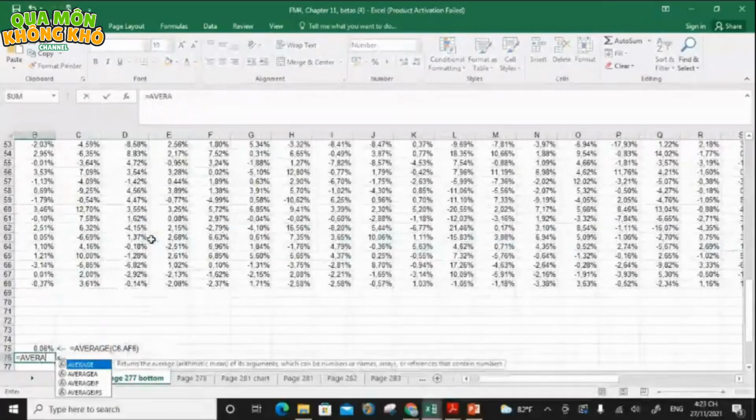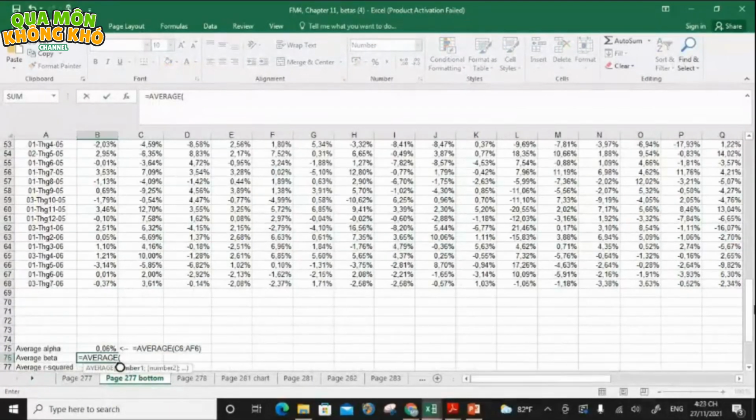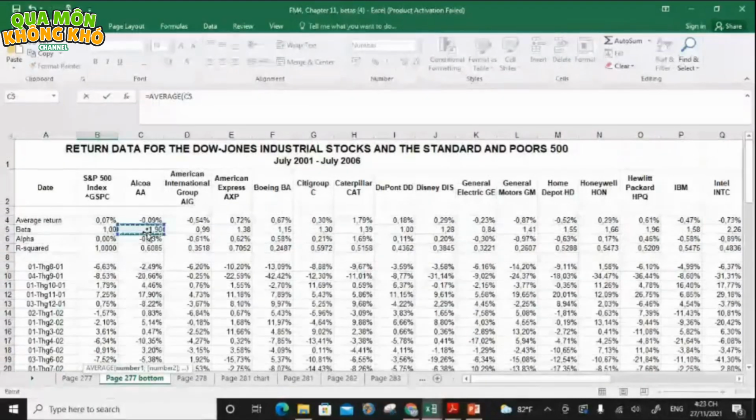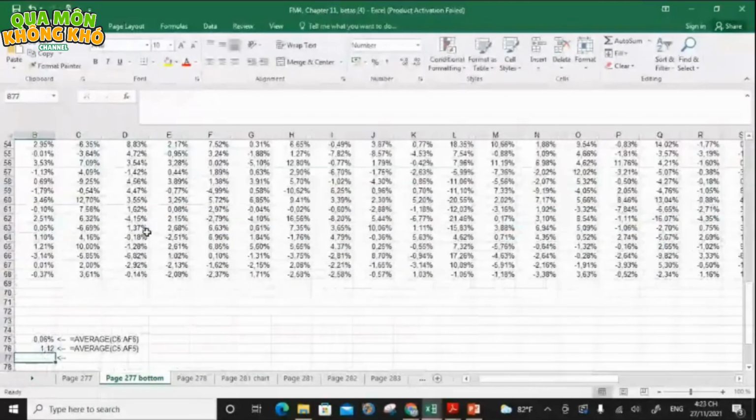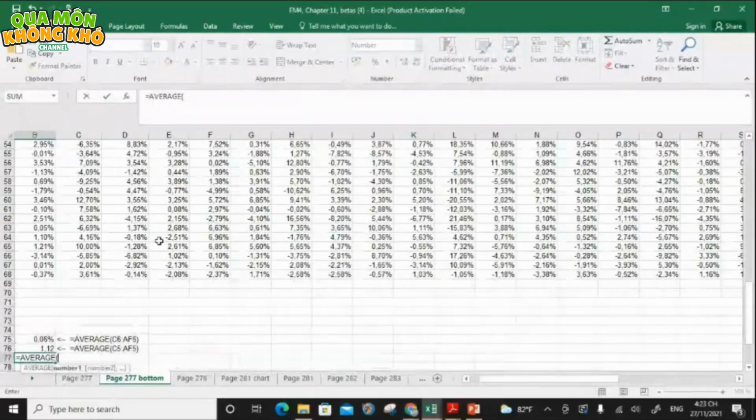Here's the average of the data. And similarly, I have the average of the R square.